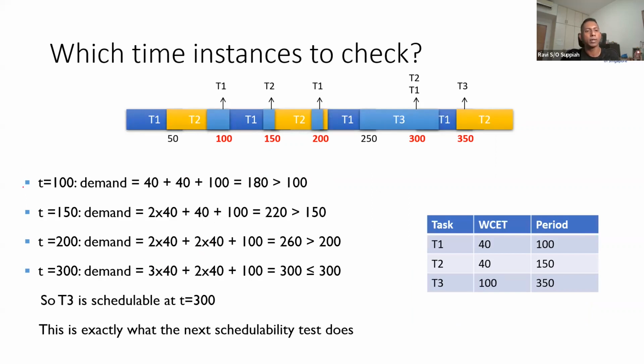So the first thing that we look at is time t equals to 100. So at time t equals to 100, what do you have? You have one instance of task 1 and one instance of task 2, plus you also have task 3. All right, because at that point of time, you have task 1, task 2, task 3 all already launched, but each of them launched only one instance.